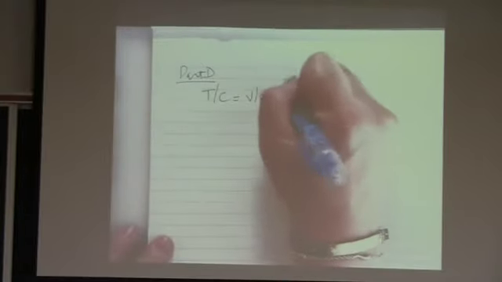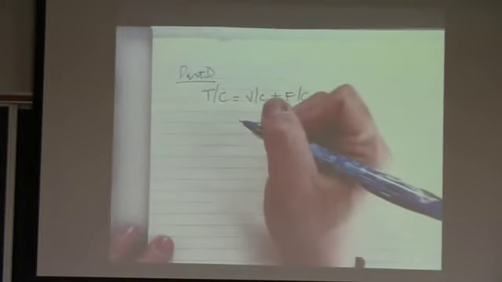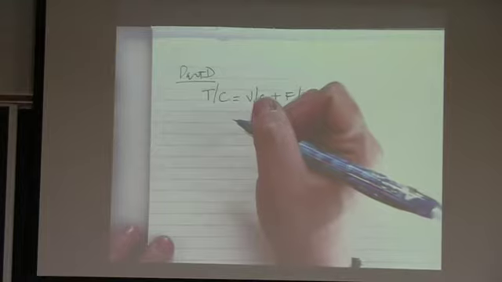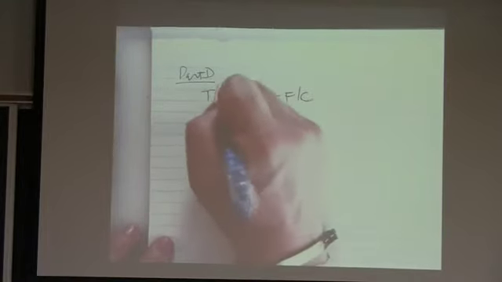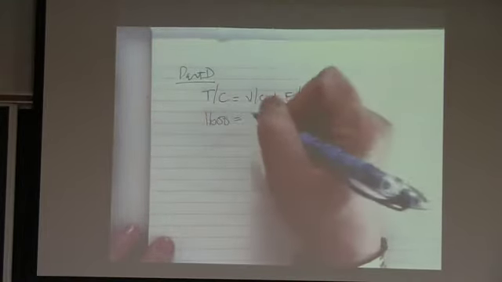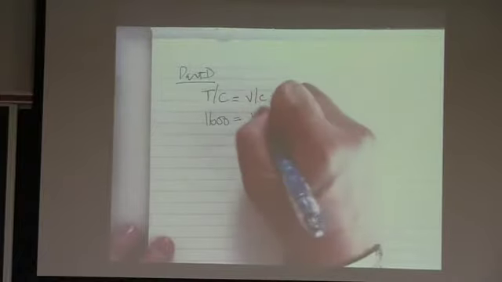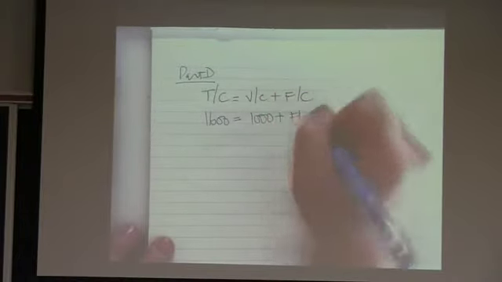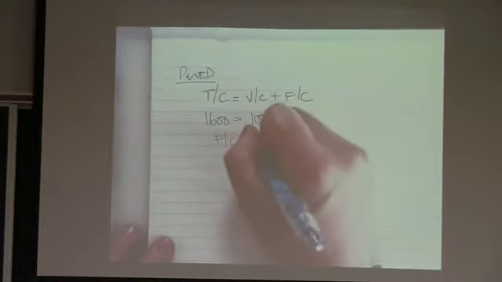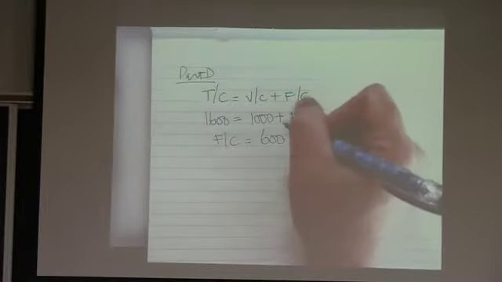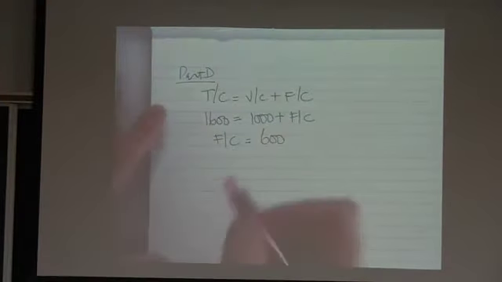So for part D, we know that total cost equals variable cost plus fixed cost. Do we know the total cost? That was given to us, wasn't it? 1,600 equals variable cost of 1,000 plus fixed cost. Fixed cost is $600. So that's the first thing we needed to solve.